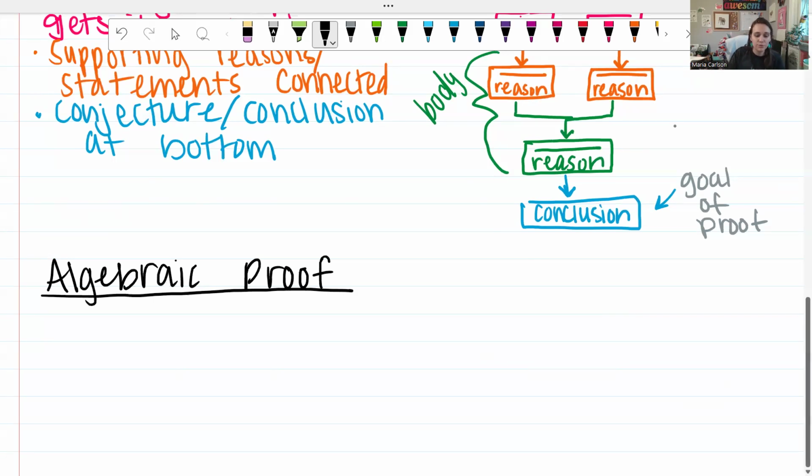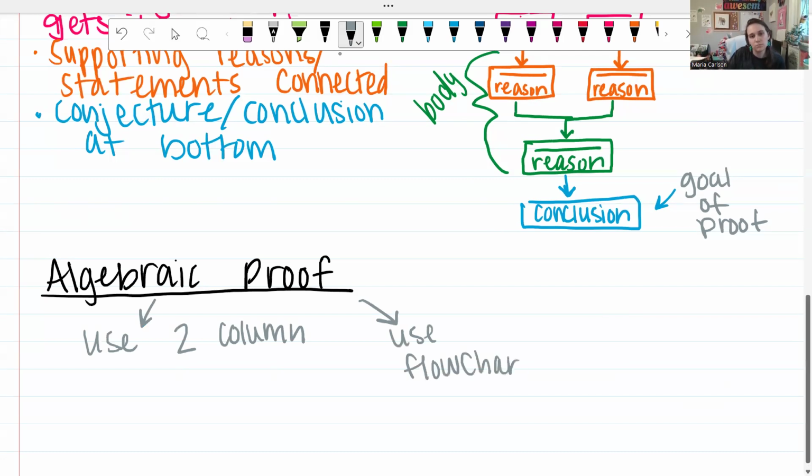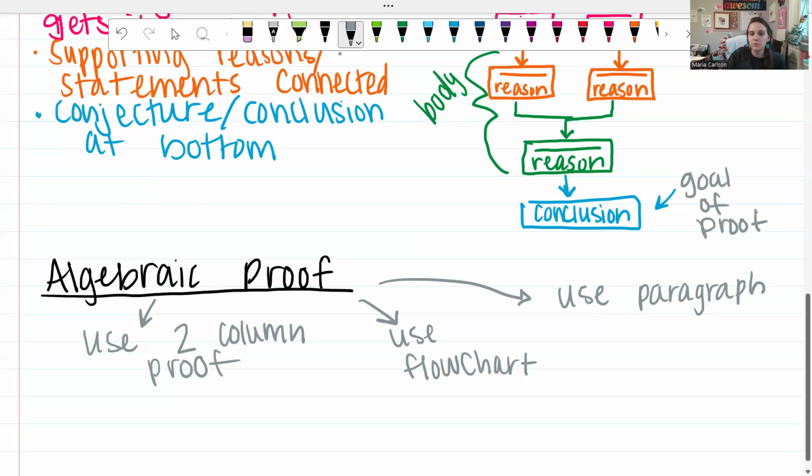So algebraic proofs, you could use the two-column structure. You could use a flowchart. You could even use a paragraph proof. So all of these to prove some statement.